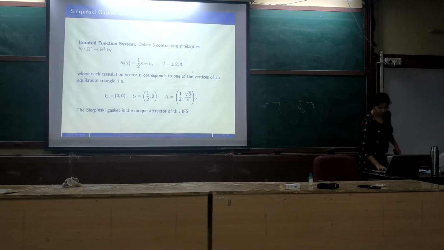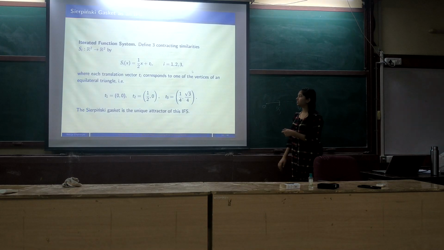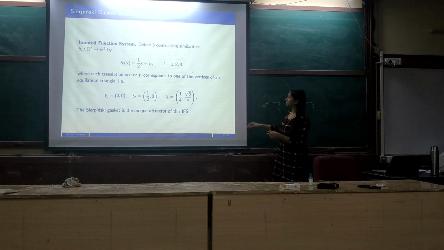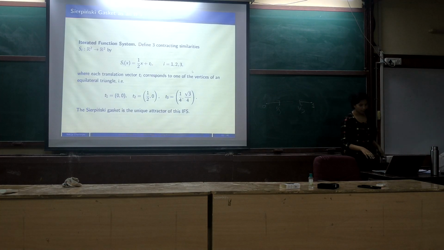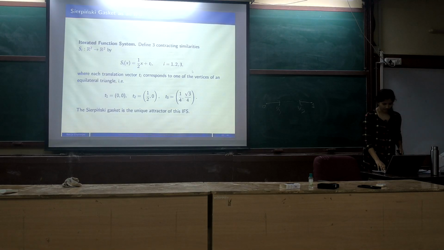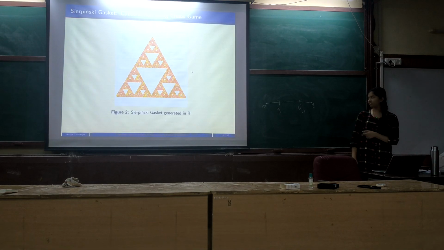So the maps here look like this: x/2 plus t_i, where t_i can be (0, 0), basically the lower left triangle. Then it will be (1/2, 0), the lower right triangle, and then you will have (1/4, √3/4) to take it to the top. And the Sierpiński gasket is the unique attractor of this function system, and again this is generated on R² using the same way.